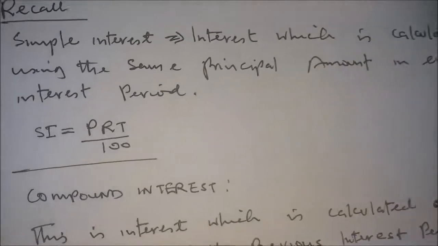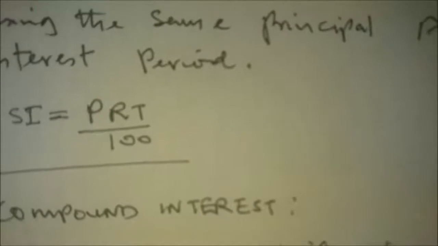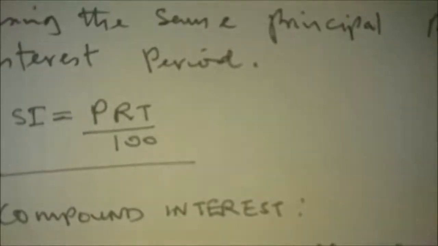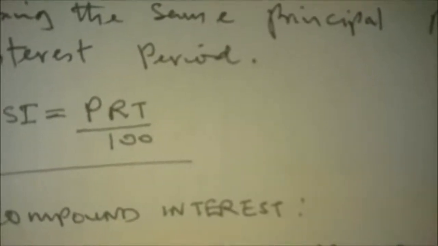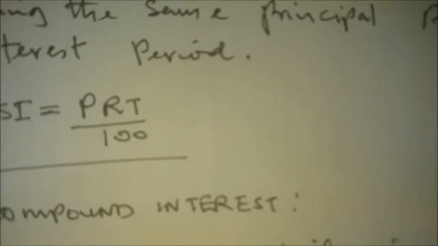And so the formula is PRT over 100 used to calculate simple interest, where P is the principal sum, R is the rate, and T is the total interest period.